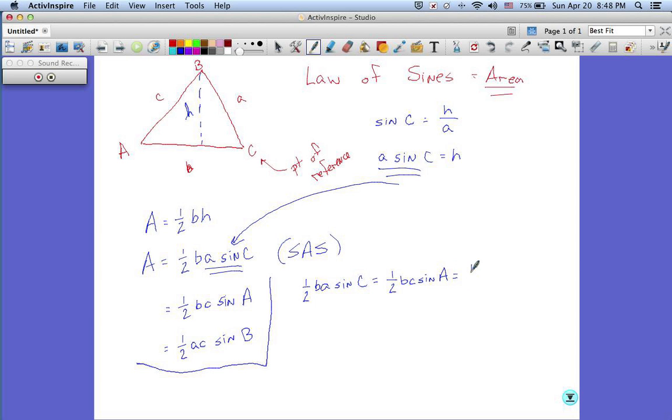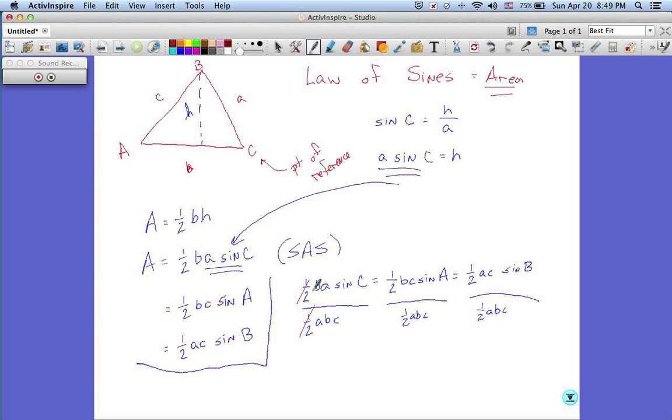And if these three are equal to each other, and the fact that sides A and B and C are actual lengths, in other words, are never equal to 0, I can take this whole thing and divide it by the same value. I'm going to do 1/2 ABC, 1/2 ABC, 1/2 ABC, and they should all still be equal to each other, correct? Let's see what happens.